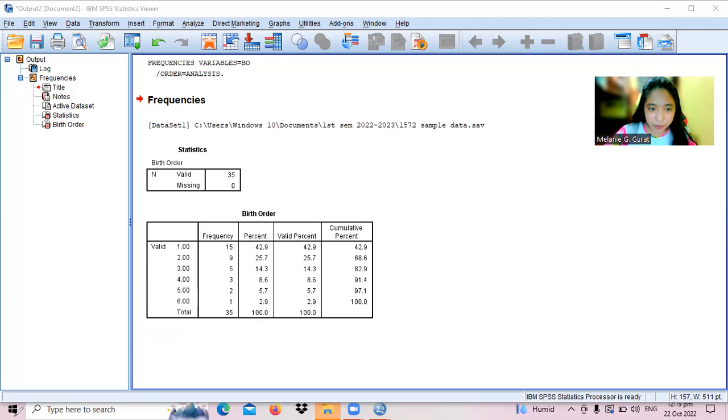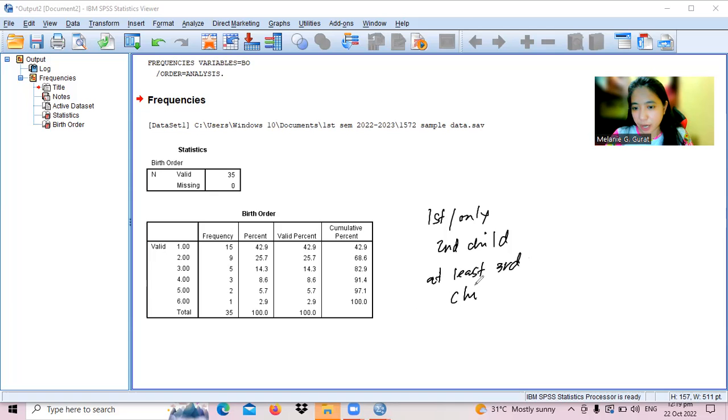So let us first decide how to group. One can stand alone: first child or only child, and then second child. And for three, maybe we can combine at least third child.